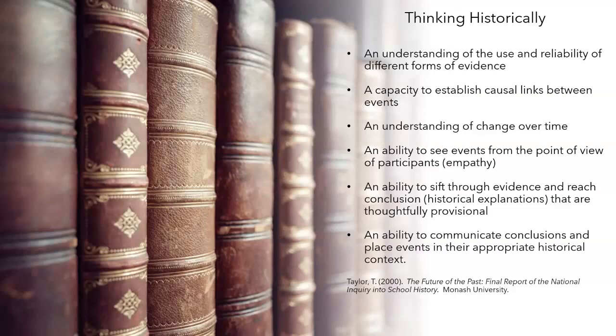So having students understand, key word, the reliability of different forms of evidence is a great start for them, because it's a very important skill to be able to have those questions about what's reliable and what isn't. And that will help them in other subjects as well, for sure.